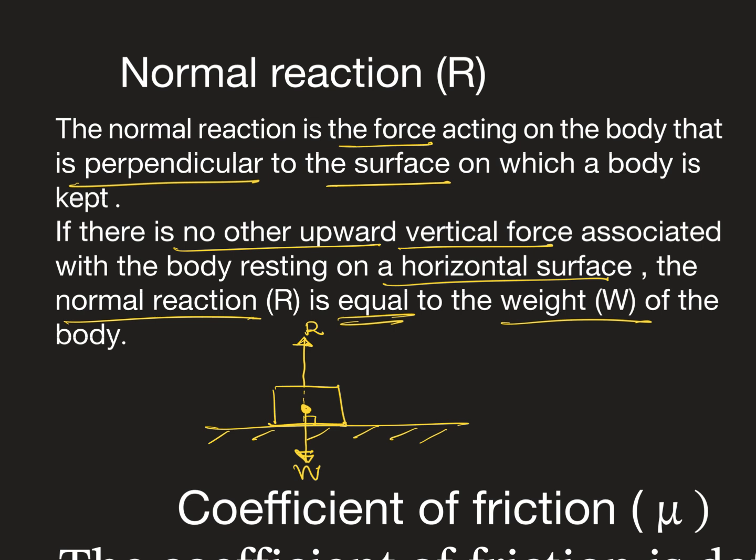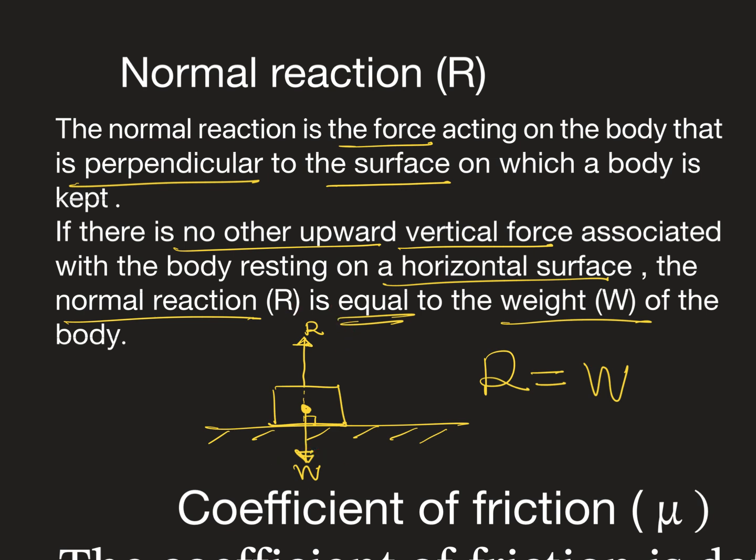And from Newton's third law of motion, action and reaction are equal and opposite. So which means R, which is the normal reaction, will be equal to the weight of the object, provided that there is no other vertical force that is associated with this object.